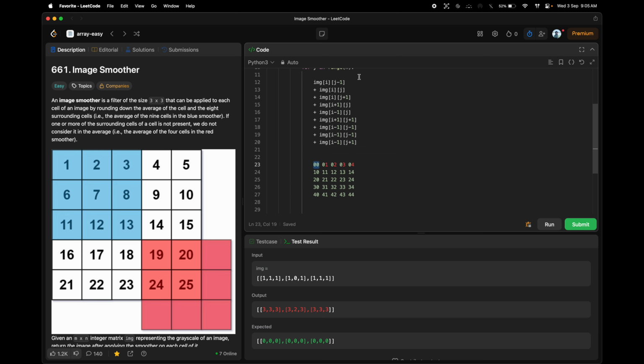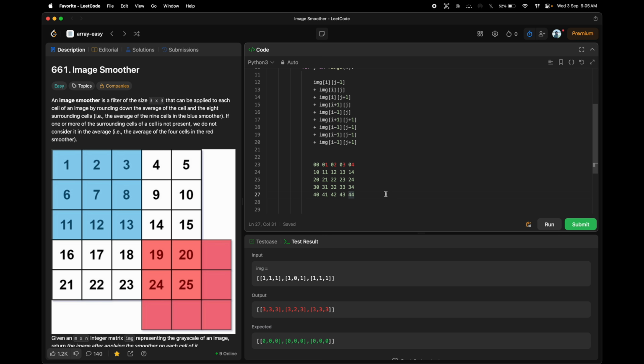If it is 0 0, this one would be okay. No. If it is 0 0, okay, wait. There are two things again. If it is a corner, then I know it will have only 4.